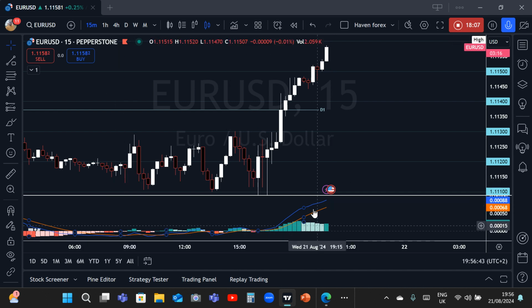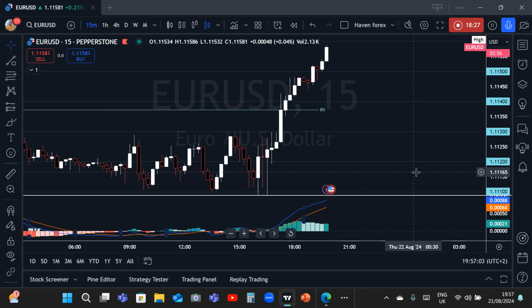So what does the MACD line do? The MACD line subtracts the 26-day exponential moving average from the 12-day EMA. I'm not saying you should be doing all this mathematics. The developer has already done everything.